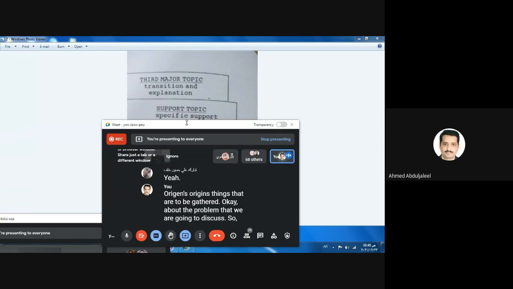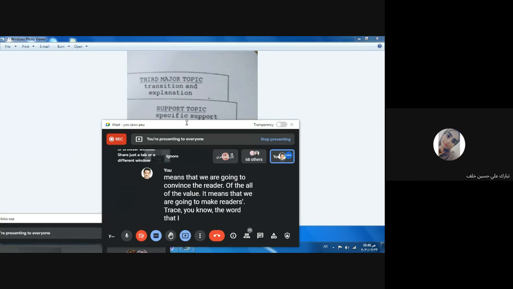So this means that we are going to convince the reader of the value. It means that we are going to make readers trace. You know the word trace?